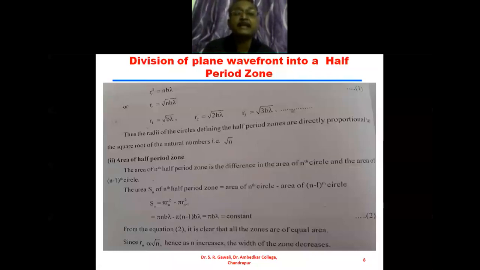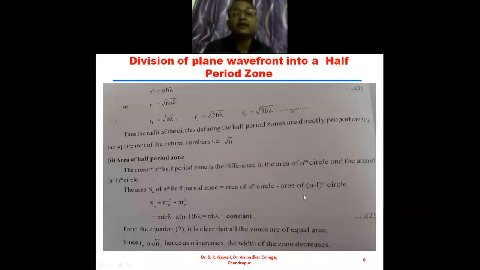How will the nth half period zone be defined? The portion between the nth circle and the n minus 1th circle, that is nothing but the area of the nth half period zone. The n minus 1th circle is one circle less than n. I will call this area Sn of the nth half period zone. It is equal to the area of the nth circle minus the area of the n minus 1th circle.